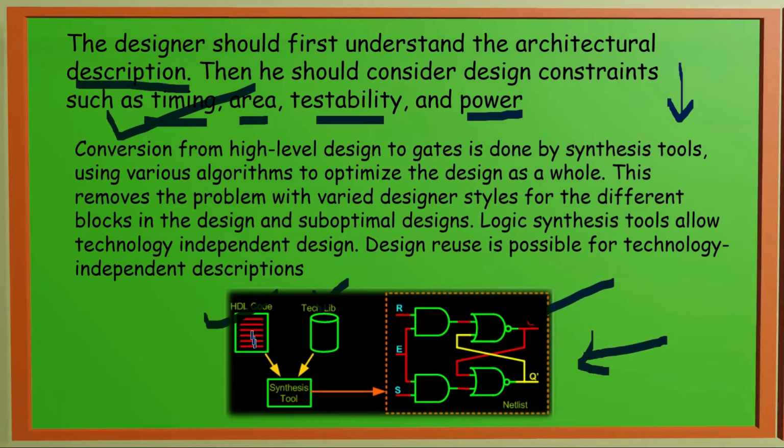I'm writing text on a paper, I have a complete set of instructions in text form, but how exactly does it look on gate level? For that we require synthesis. We call this process synthesis. It will convert it into a netlist, that is in the form of gates. So by using synthesis tools we can optimize the design as a whole.